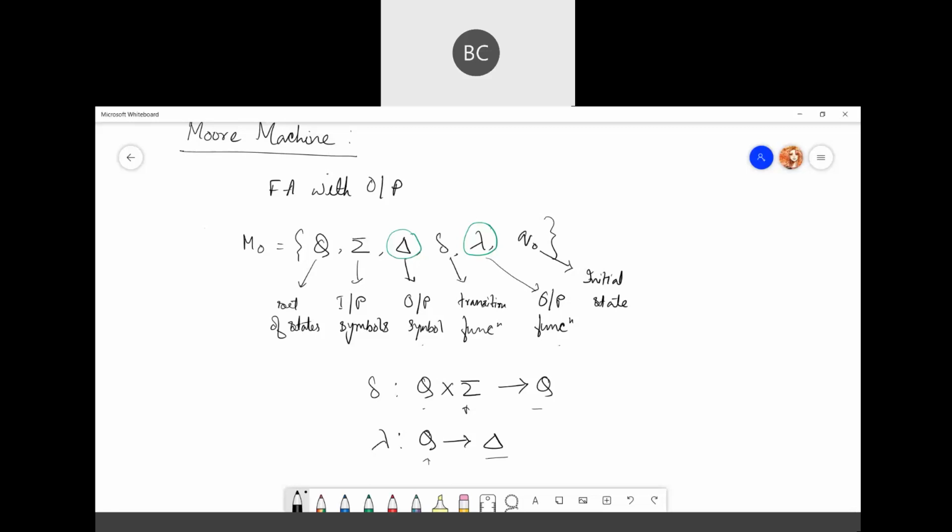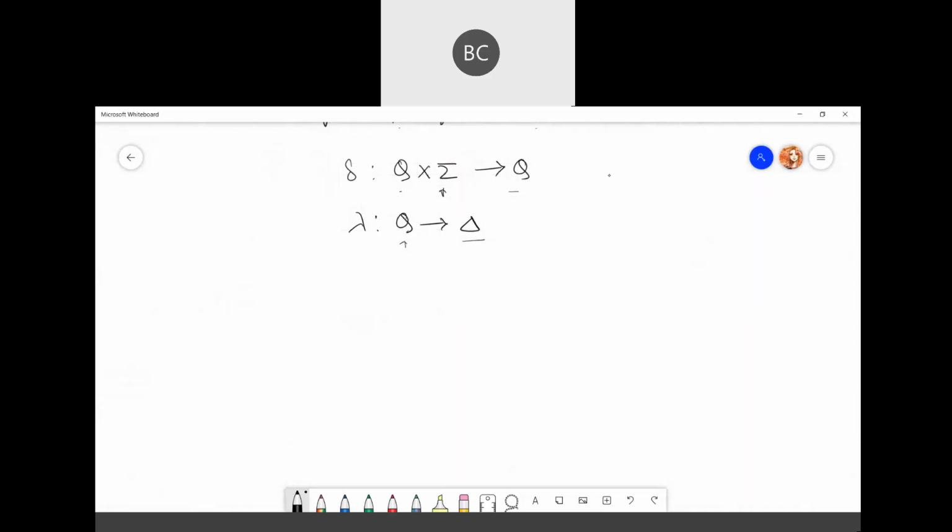So here we can represent a Moore machine like this. Q naught, A. This is one state. Here you can see we represent a state along with the output. This is the state and this is the output.